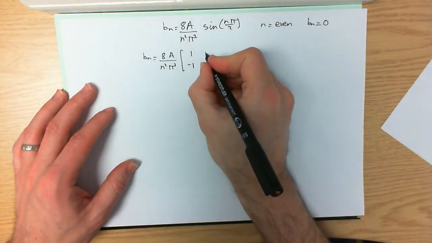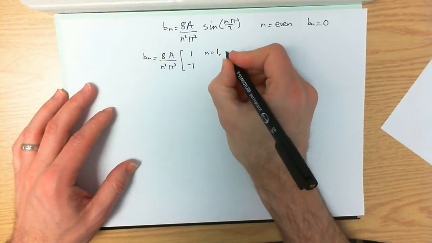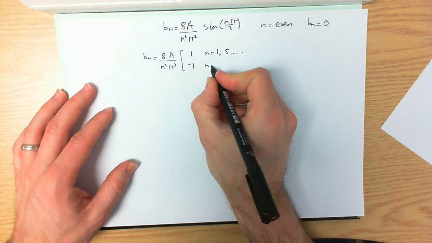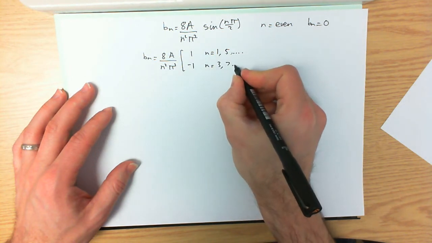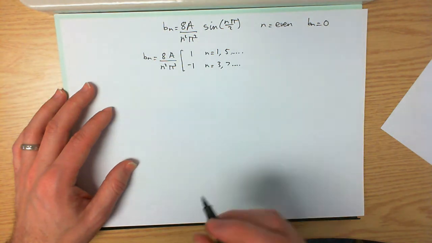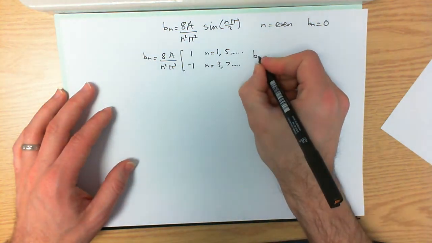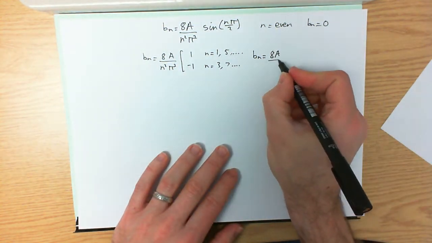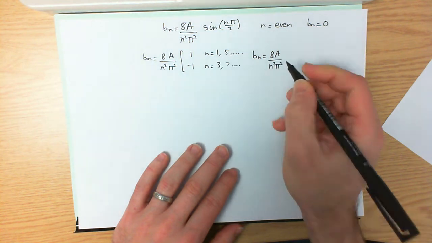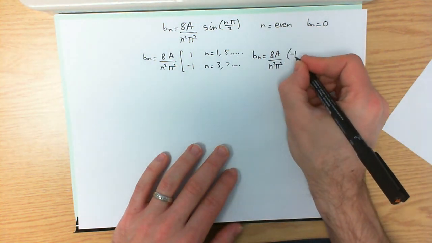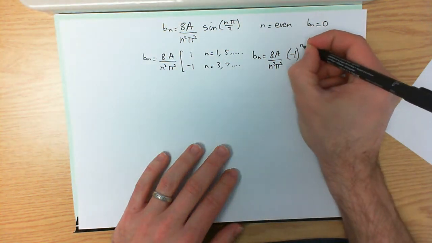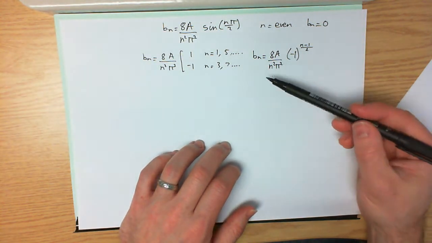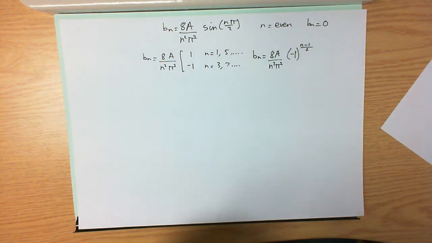It's going to be a plus 1 when n equals 1 or 5, etc. And it's going to be a minus 1 when n is equal to 3 or 7, etc. And with a bit of fancy maths, you can show that you can write B of n a bit more simply as 8a over n squared pi squared times minus 1 to the power of n minus 1 over 2. So for all odd values of n, you get the right value of B of n.